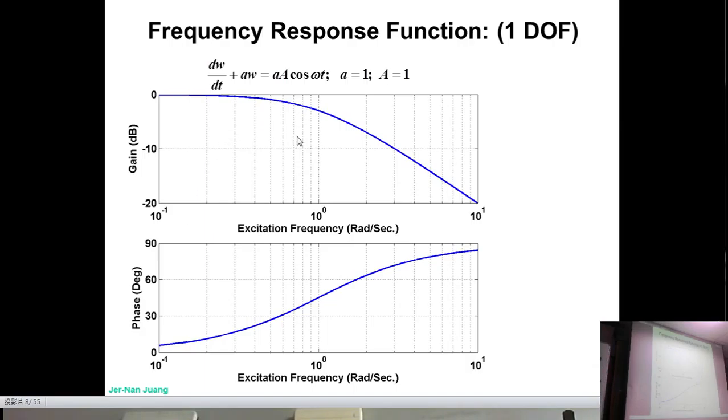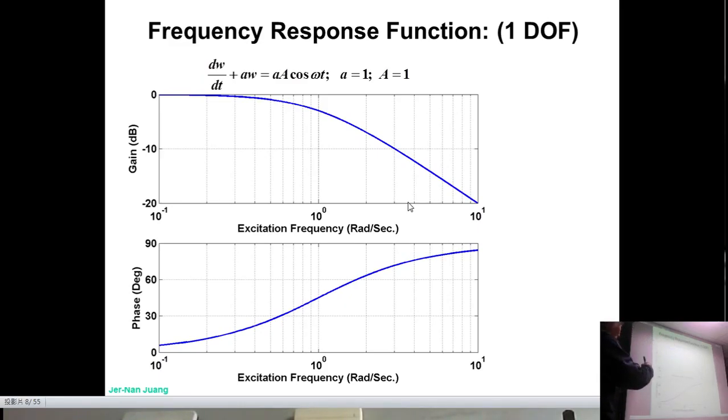A higher frequency means your steady state output amplitude will be smaller. Then your phase angle also changes, from 0 to 90 degrees. If the frequency is high enough, your phase angle will be about 90 degrees.